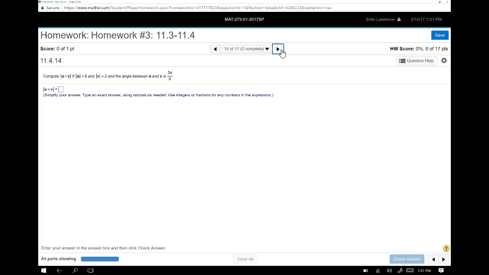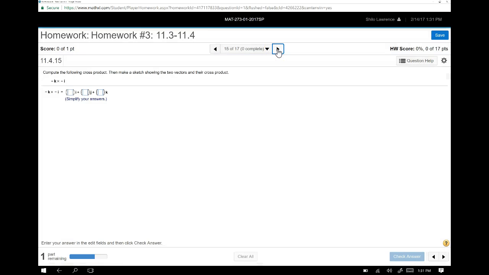It says sine theta equals the magnitude of the cross product over the product of the magnitudes of the individual vectors. So you could use that formula to figure out that answer.